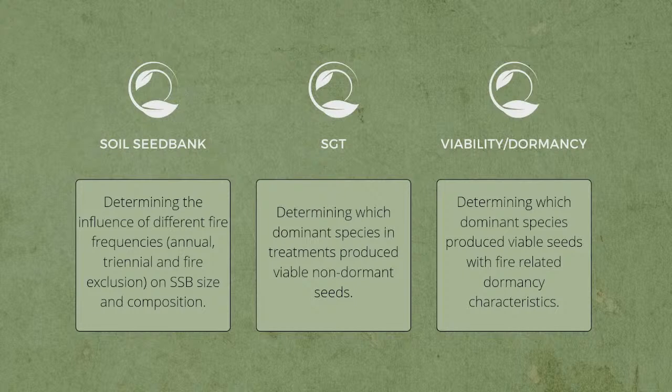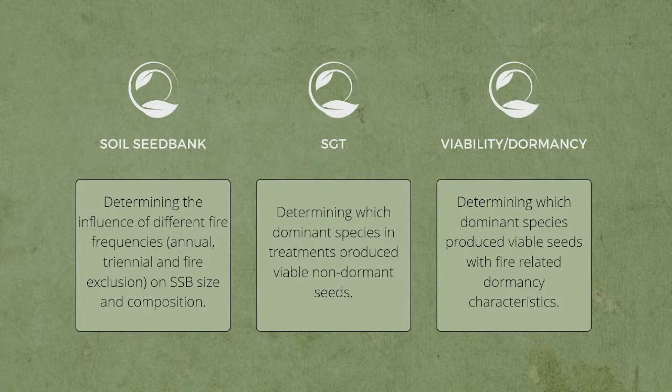Then I also had a standard germination trial where I collected seeds from the dominant grass and forb species within my treatments, and I put them to germinate to try and see which species produced viable non-dormant seeds and which ones produced viable dormant seeds.